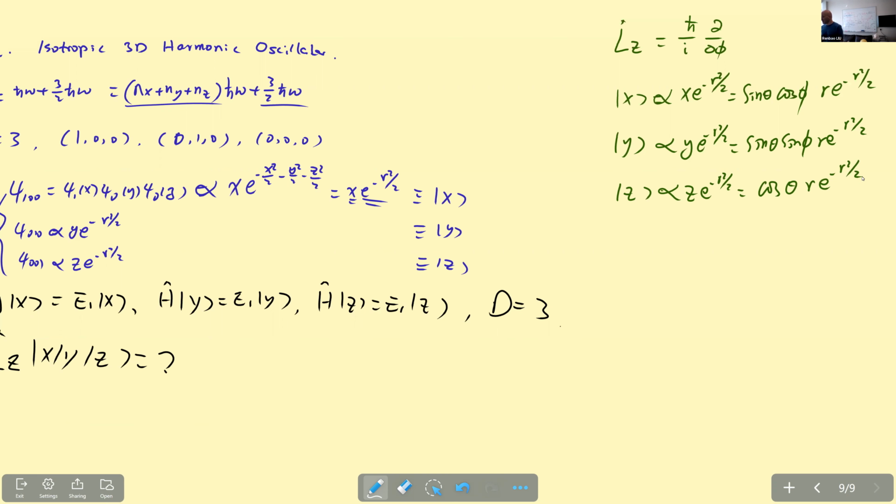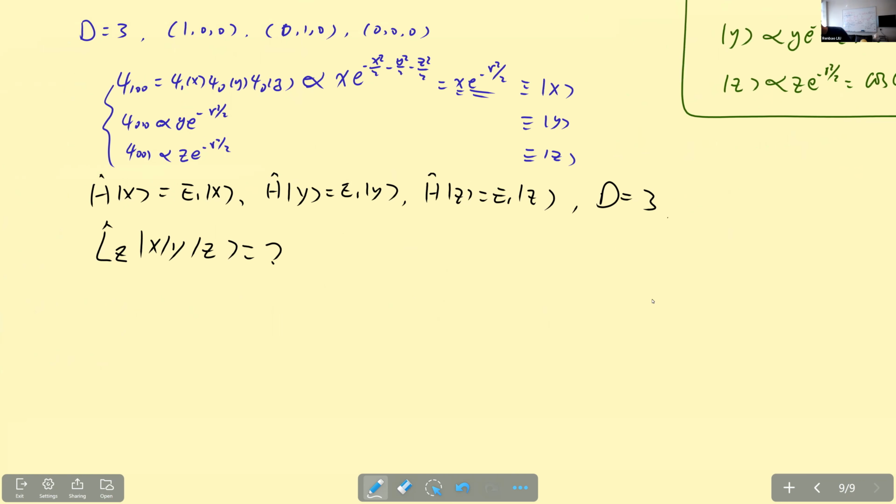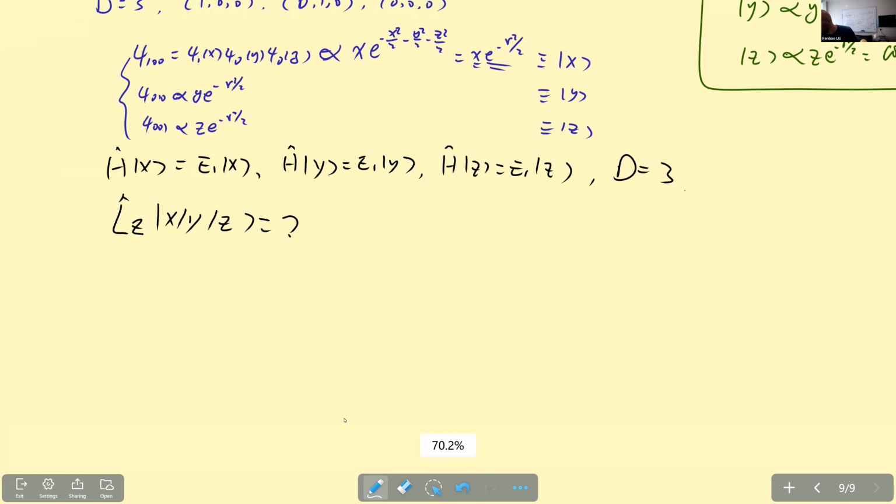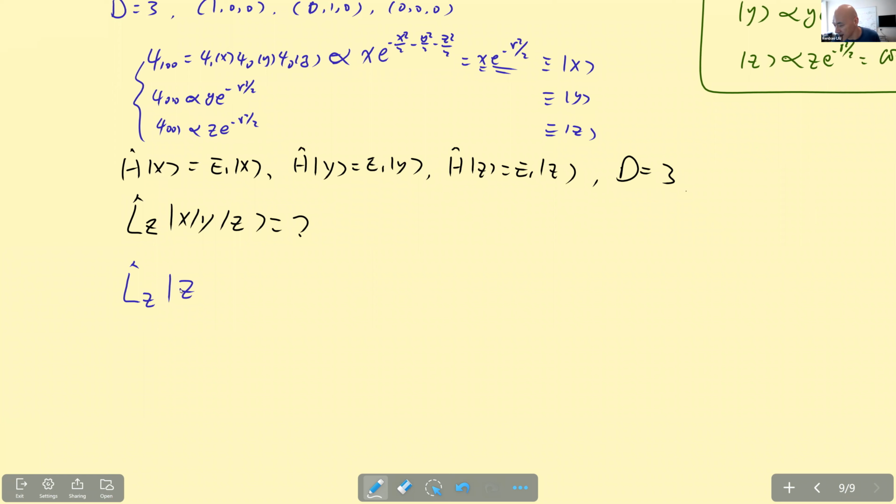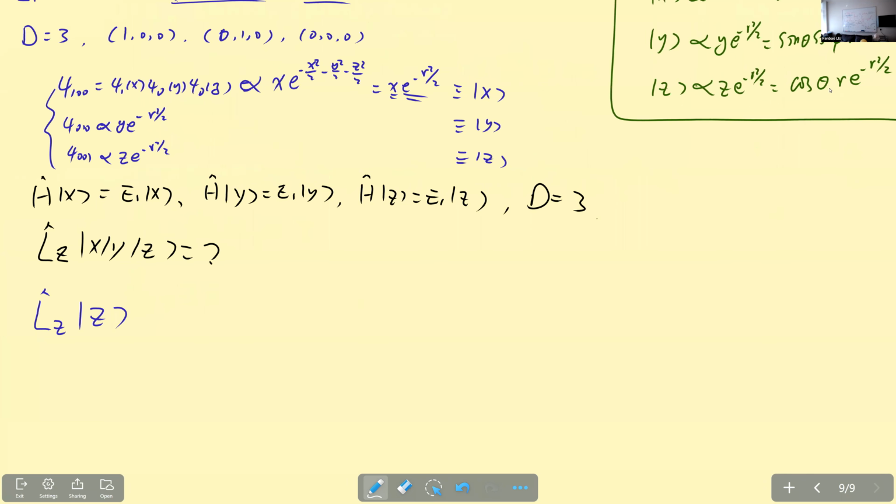Okay. Now let's apply this to check whether these are eigenstates. So Lz action, let's take z first. That's very simple. You can see that z does not depend on phi, right?